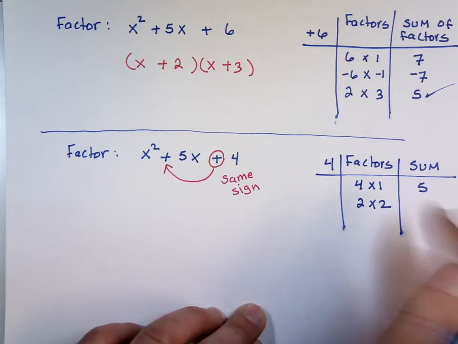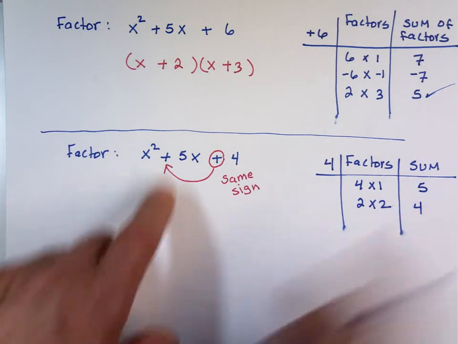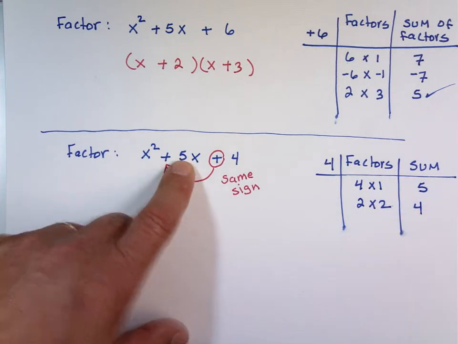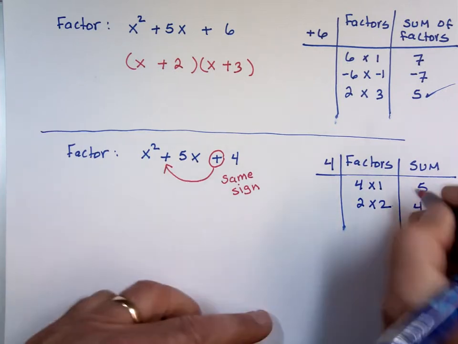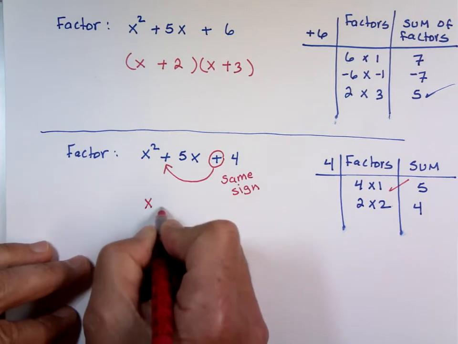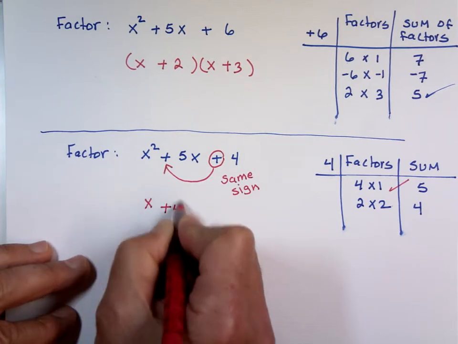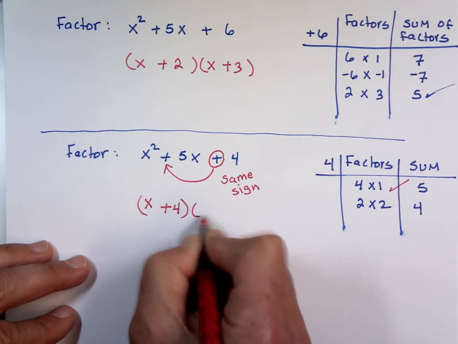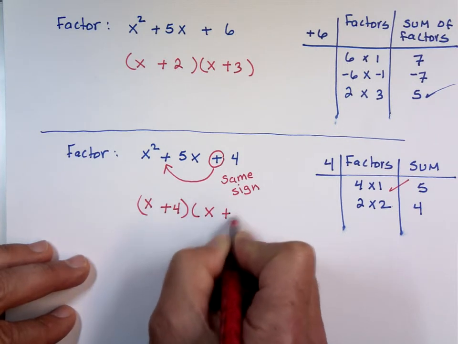What's 2 plus 2? 4. Since I want my answer to be 5, these are the correct factors. So I can write that as x plus 4 times x plus 1.